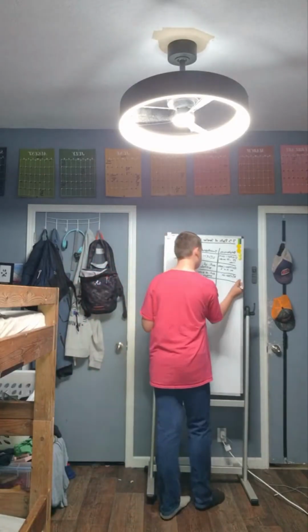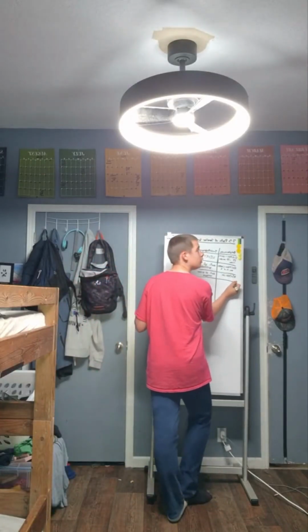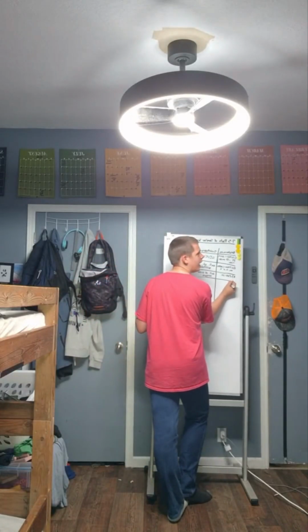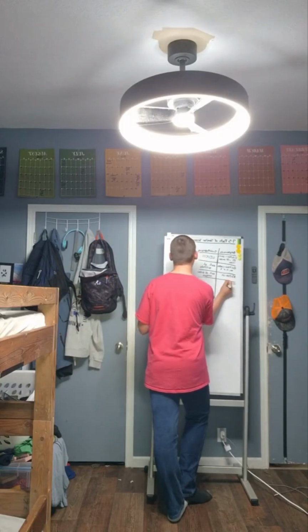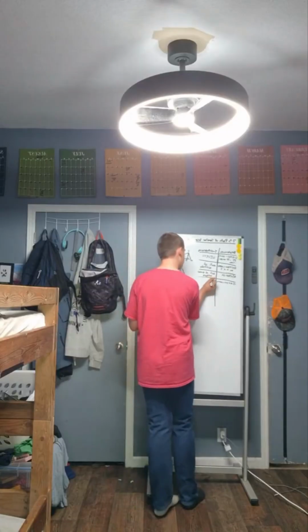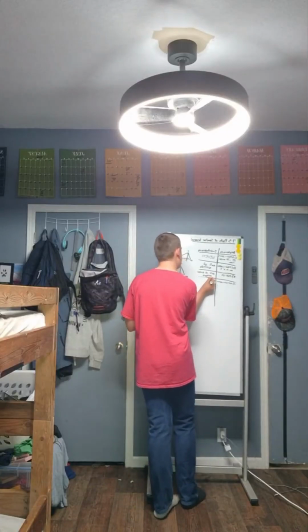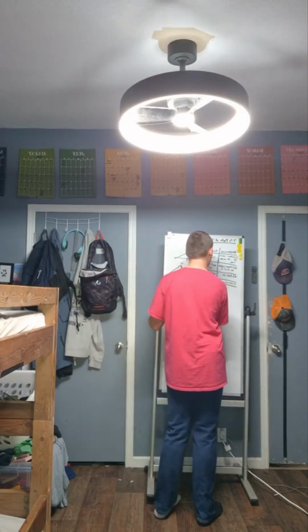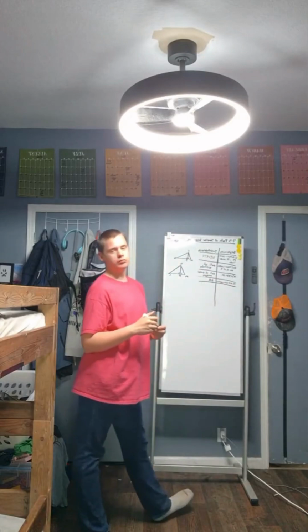So, for angle FJH is congruent to angle KPM. And what does that give us? AA. Do you know what AA means?